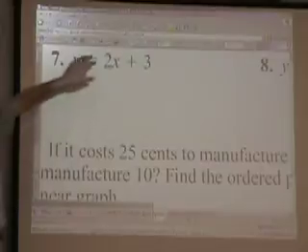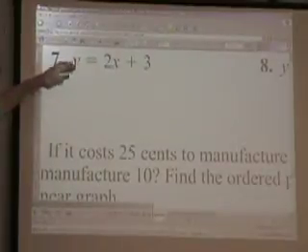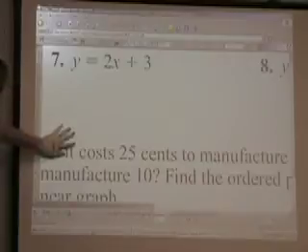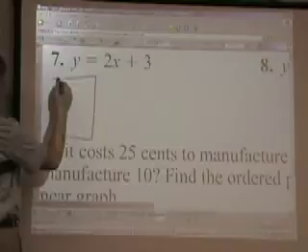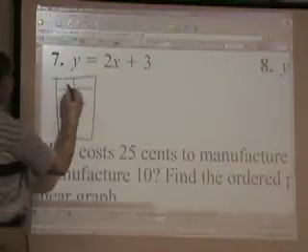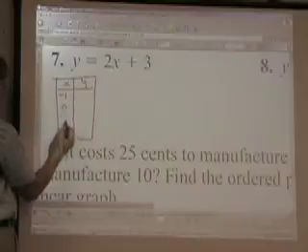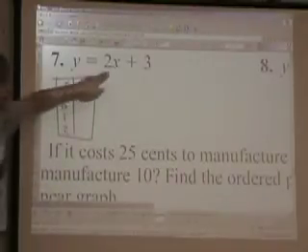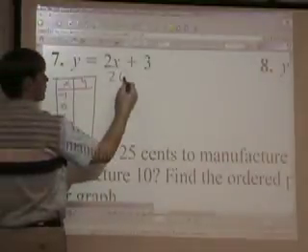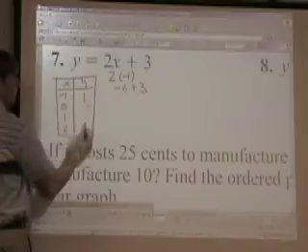So now we need to be able to graph this without a function table given to us, right? So first thing we're going to do is draw a 2-column function table with this being x and this being y, and our numbers would be negative 1, 0, 1, and 2. So now we're going to plug negative 1 in here, and 2 times negative 1 is negative 2 plus 3 is what? 1.